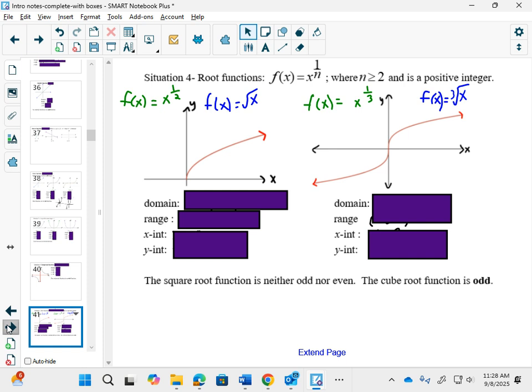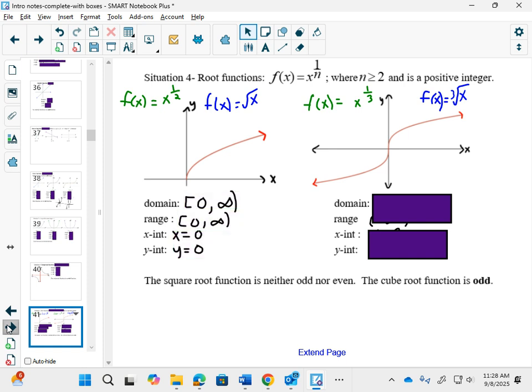Now your square root graph, you've done that one before. Domain and range are both 0 to infinity.